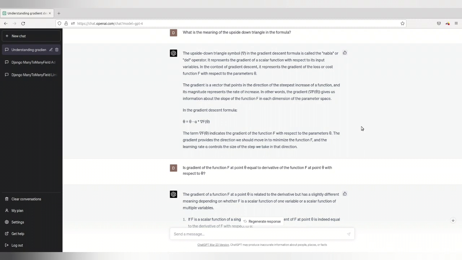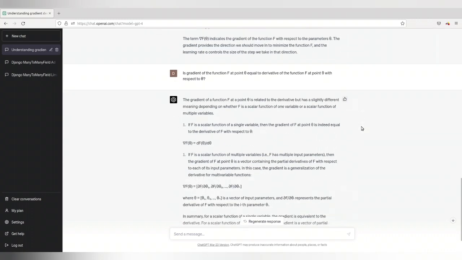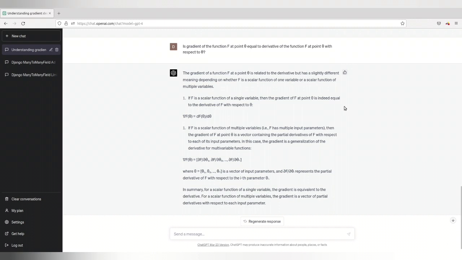And basically I figured out that, well, the gradient itself is actually a derivative of the function at that point. And so that's why I asked this question: is the gradient of the function f at point phi equal to the derivative of the function f at point phi with respect to phi?